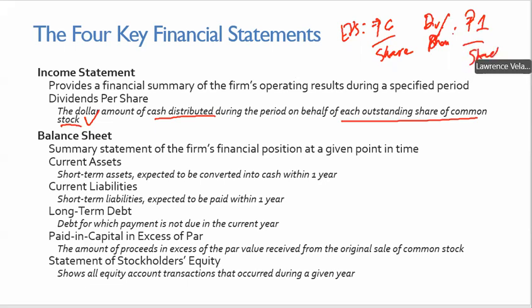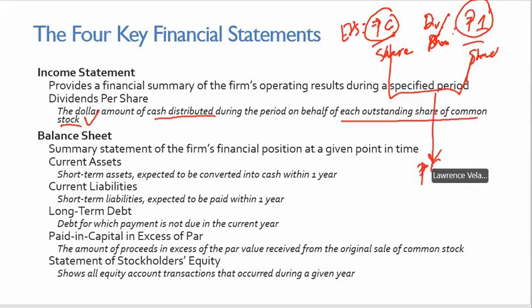It means that if the company earned 6 pesos per share but declared dividends of 1 peso per share, then 5 pesos were retained in the company.